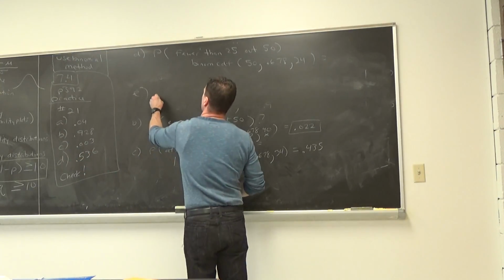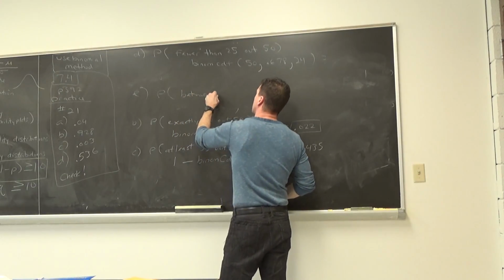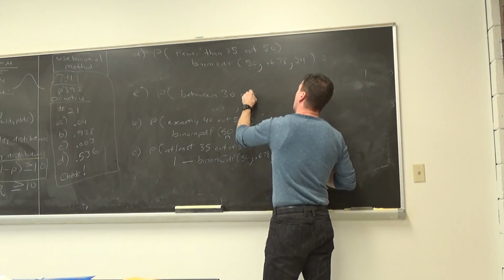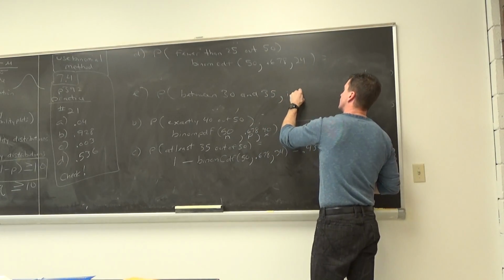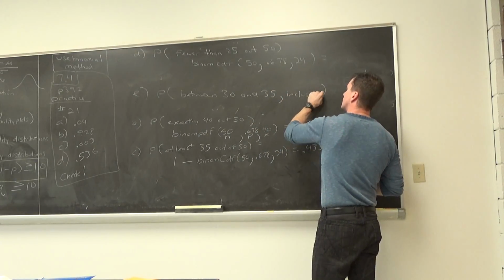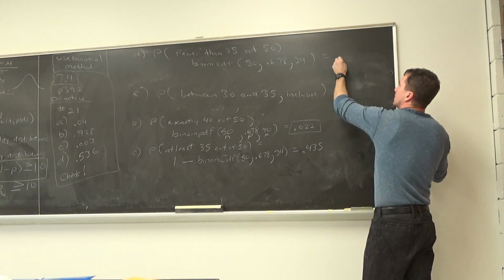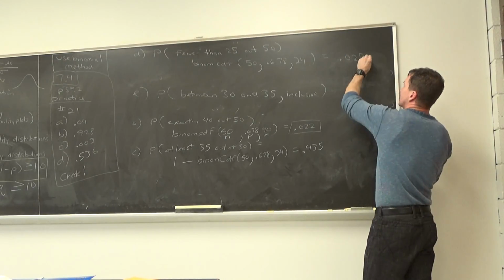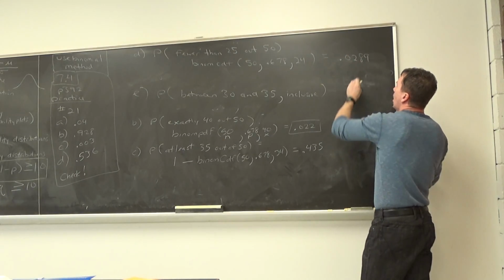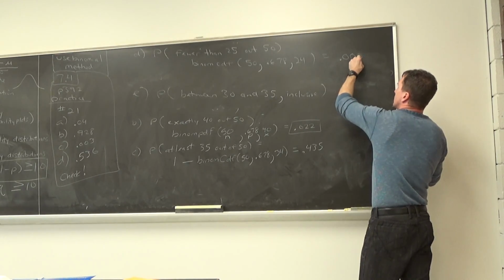Hey, what'd you get for this one? 0.0289. There's two zeros, it's point 0, 0, 28.